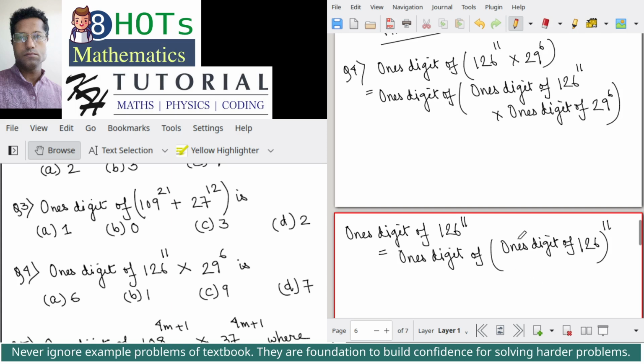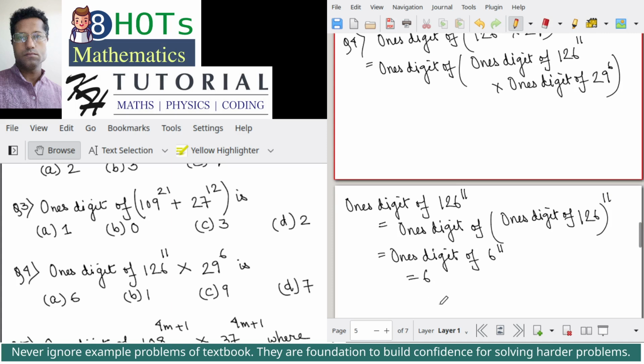So the ones digit of 126 to the power 11 is the ones digit of 6 to the power 11, and this is 6, because for any power of 6, the ones digit is always 6.